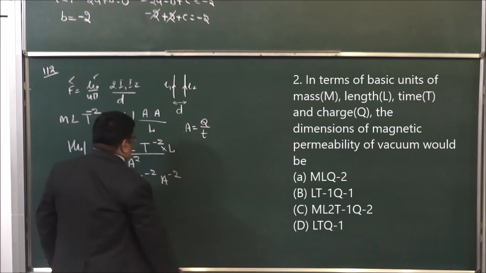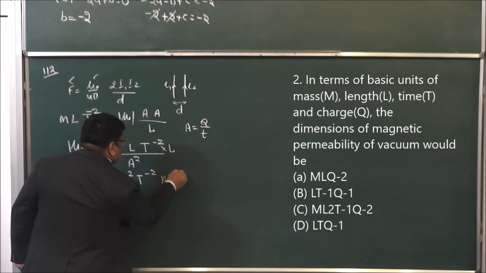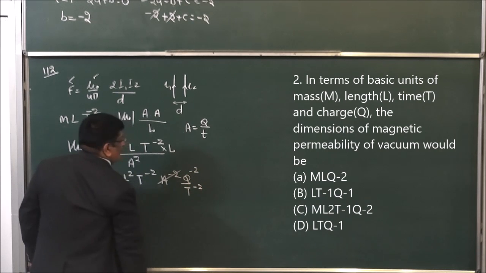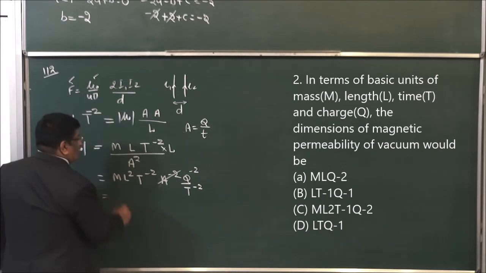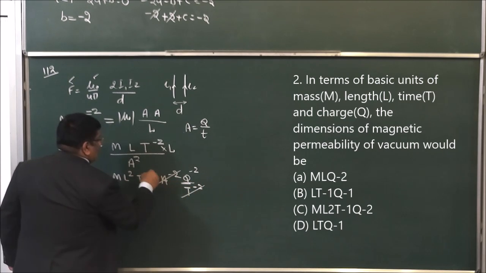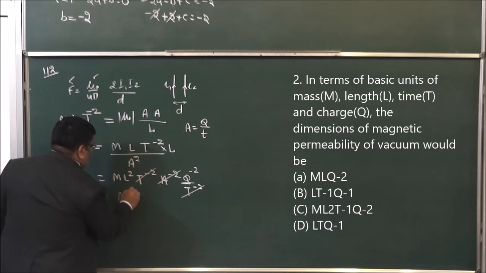Current is charge upon time. This we can put as Q upon T to the power minus 2. T minus 2 divided by T minus 2, they cancel out, and this will be ML2 Q minus 2.